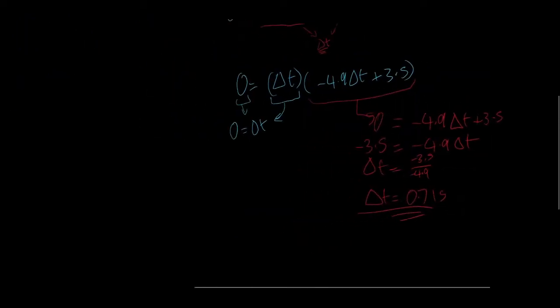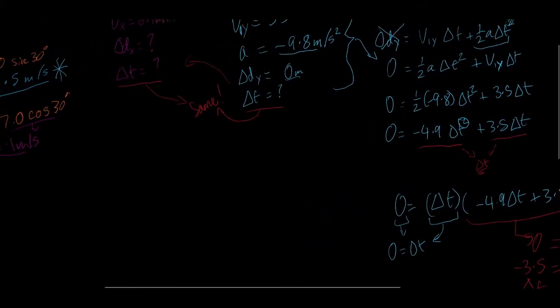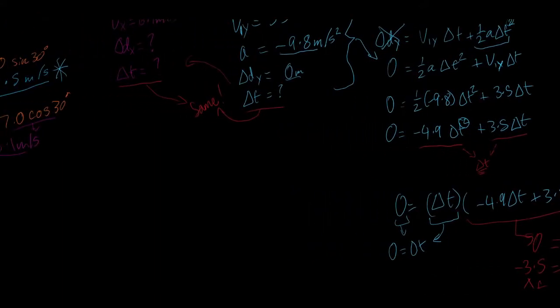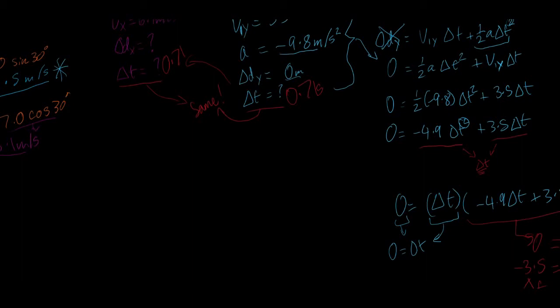Now going back to this list of data that we collected, we have delta t here now, which is 0.71 seconds. And since it's the same, we can plug it back in here. We get 0.71 again. Now we can solve for delta dx, which is what this entire question is about.